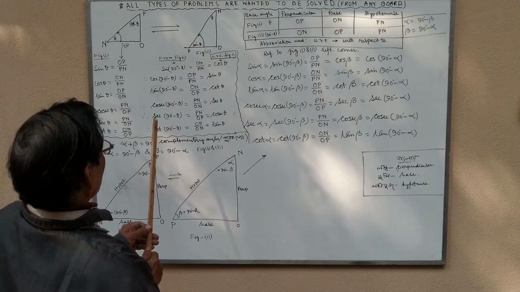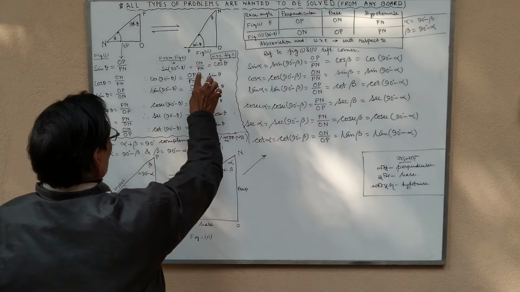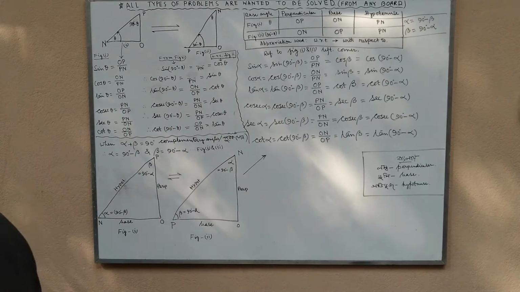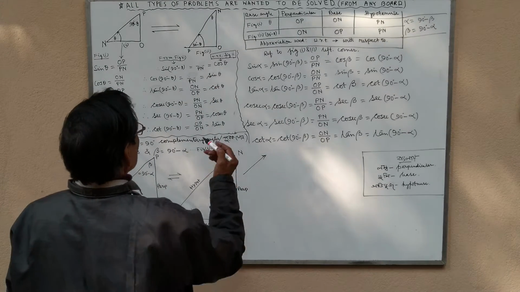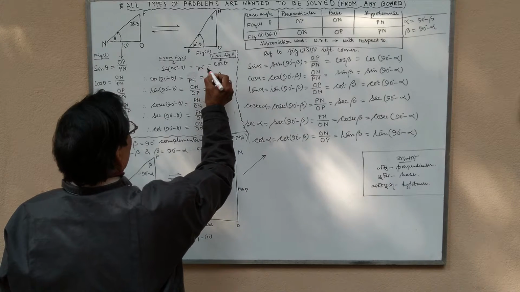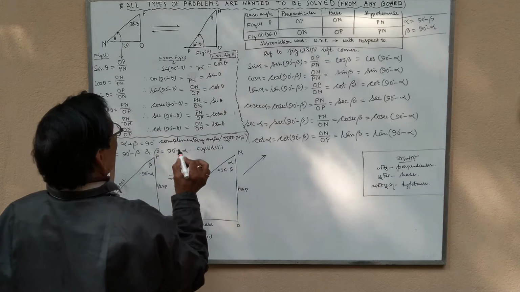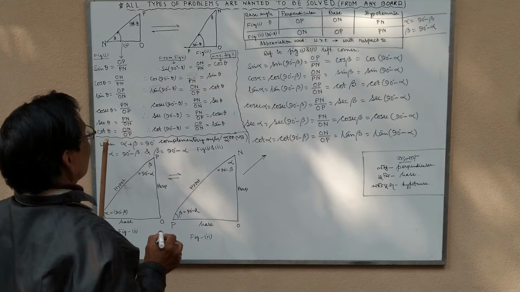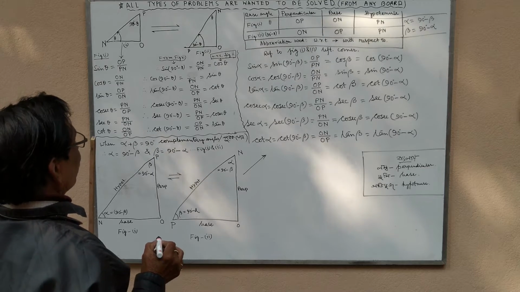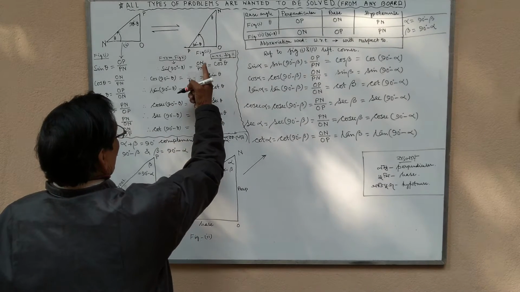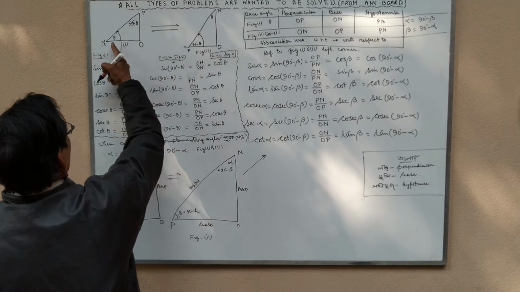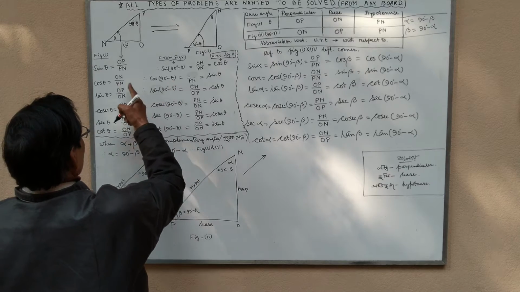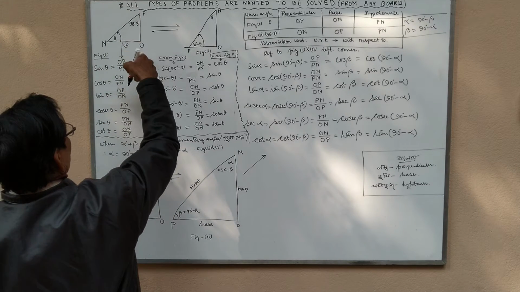Cos of (90 degree minus theta) equals ON by PN, and that is sin theta. Cos theta equals ON by PN in figure 1.